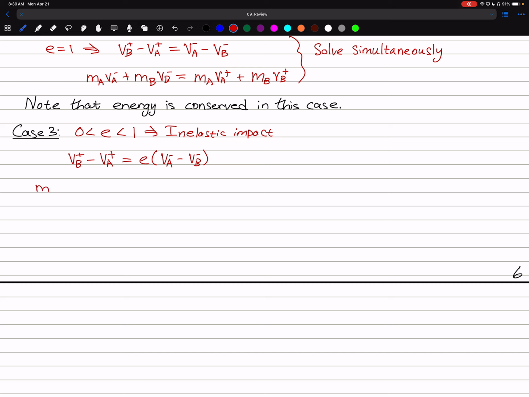And MA VA⁻ plus MB VB⁻ must be equal to MA VA⁺ plus MB VB⁺. And here you do need to again solve these simultaneously.